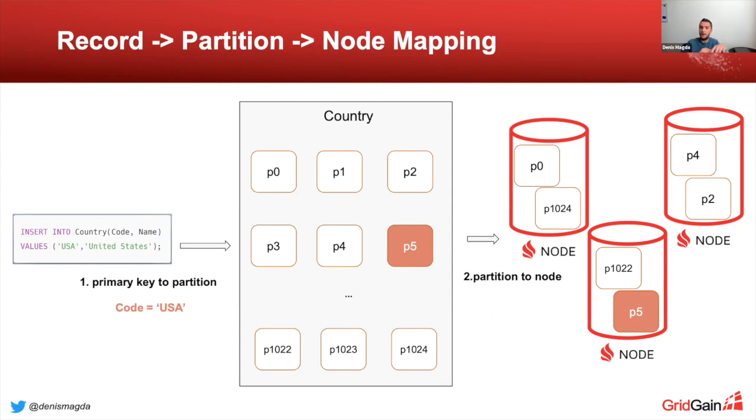This query will be routed to one of the nodes. It will not be broadcasted, because you're trying to select a record using the primary key, and internally our SQL engine will take this primary key, calculate the partition number, and send this query to one of the nodes. And when you are running hundreds or thousands of such queries, selecting records of Canada, Israel, Russia, France, etc., all those queries most likely will be routed and served by different nodes, which is good for us.